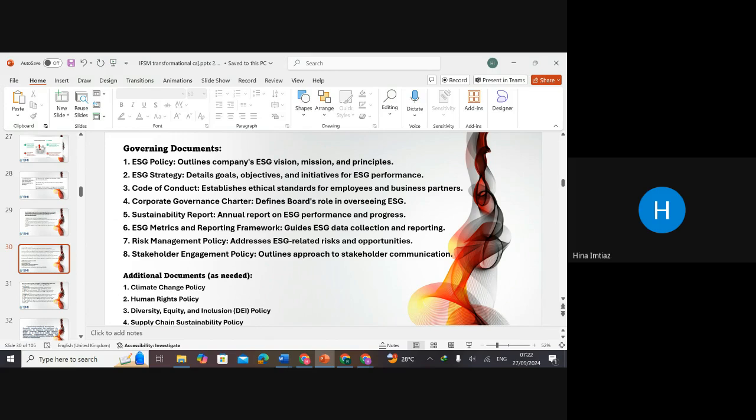And last, we have the stakeholder engagement policy, in which you outline the approach to stakeholder communication. You give a plan for how you will engage and deal with stakeholders and maintain communication between environmentalists, the public, policymakers, and politicians at the government level.